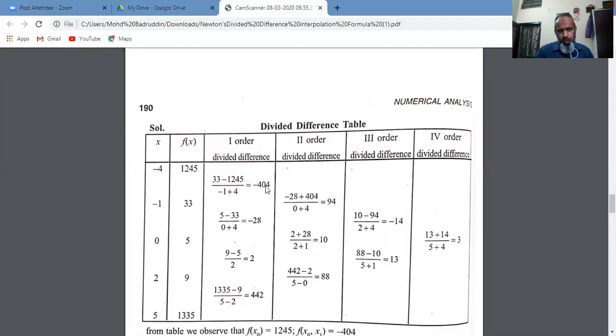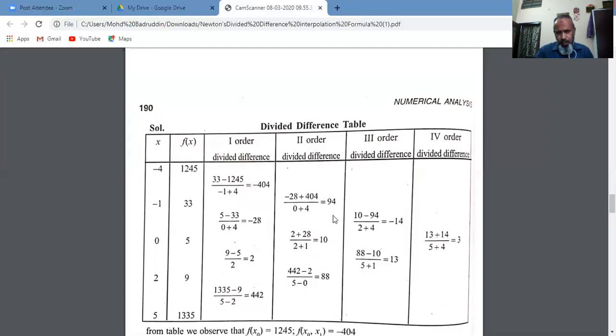So minus 28 minus of minus 404 by 0 minus of minus 4. This gives 94. Then 2 minus of minus 28, 2 plus 28 by 2 minus of minus 1. So this is 10. 442 minus 2 by 5 minus 0. So we are getting 88. So this is the second order divided differences. So for third order divided differences, we have to take 4 values of x.